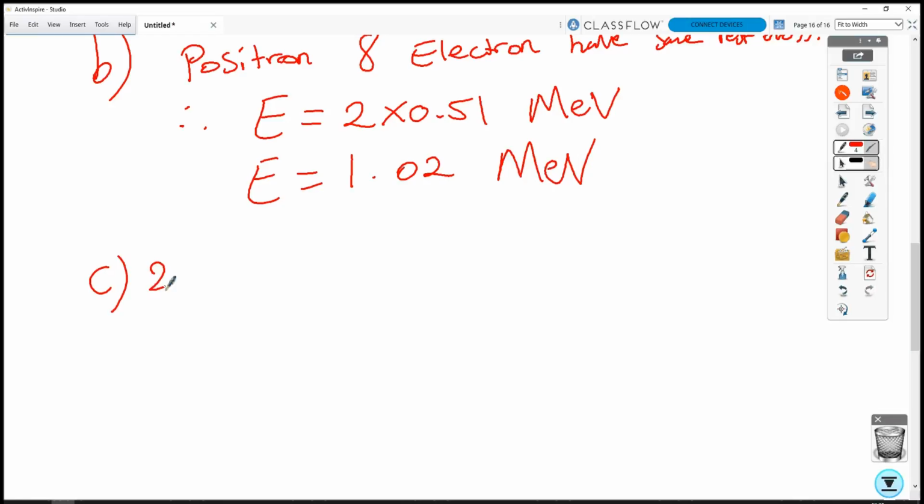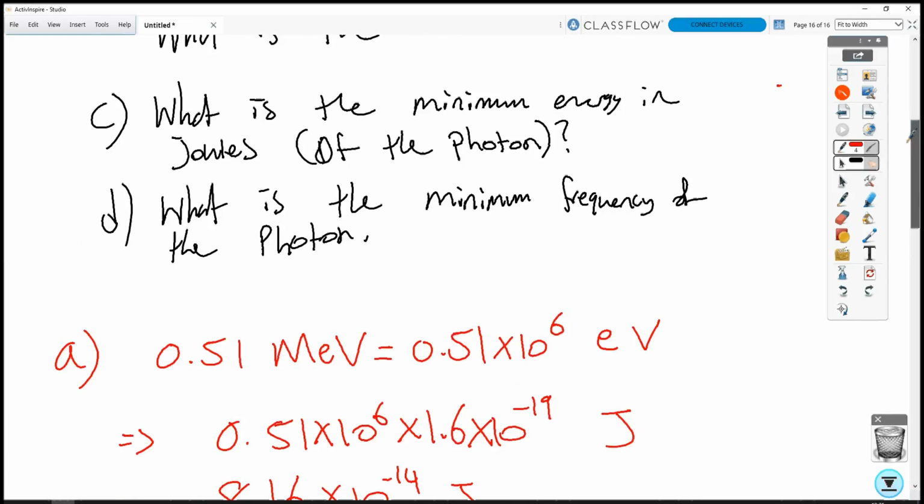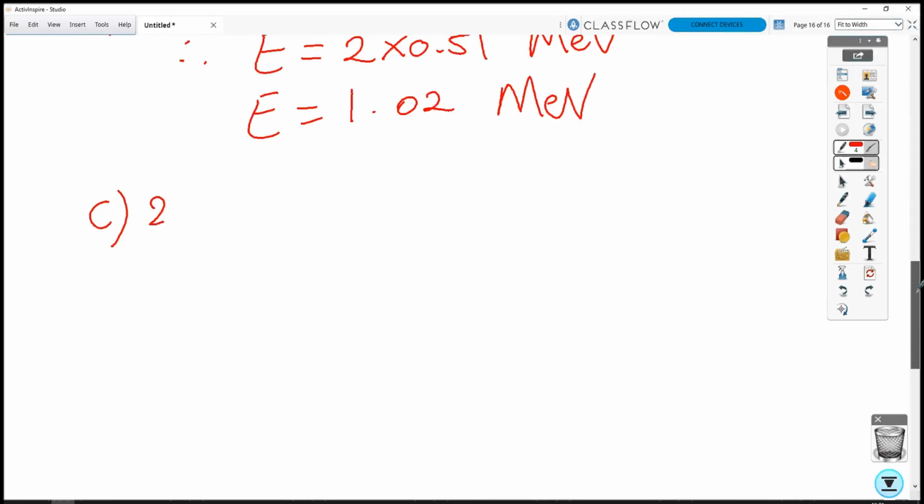You wrote down the question as what's the minimum frequency? The minimum frequency, that was question D, I think. Part C is the minimum energy in joules. Part D is the minimum frequency. So we're doing the energy first, then the frequency.